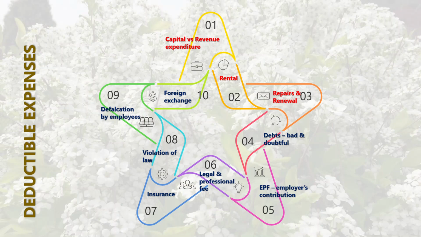Okay, the next one, if we refer to your textbook, para 10.11, is talking about bad debts and doubtful debts. This one I already mentioned, just a quick one. First, you have debtors or receivables. Then after a while, you notice that they cannot pay. They start slowing down to pay.